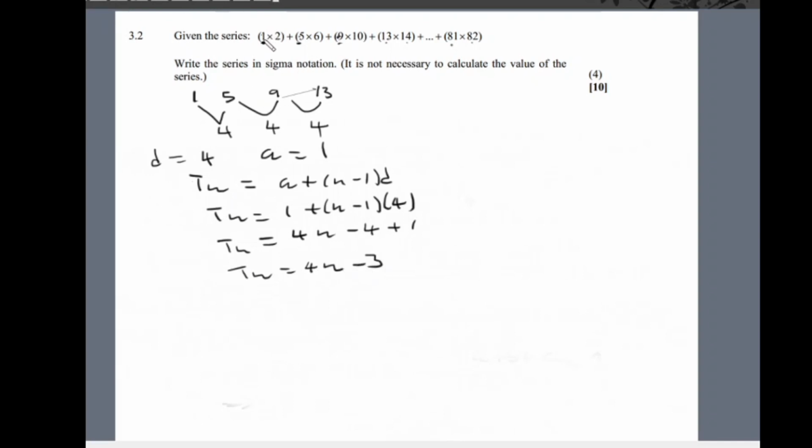So the numbers to the left of the multiplication sign progress by adding 4 each time. 1 plus 4 is 5, 5 plus 4 is 9, 9 plus 4 is 13, and so on. So we can also calculate the number of terms in this series, because we know the last term to be 81.